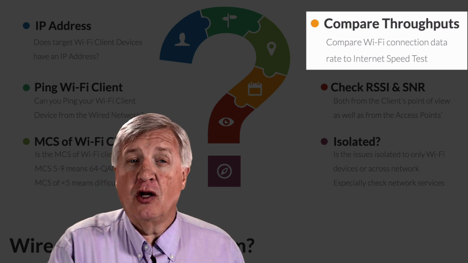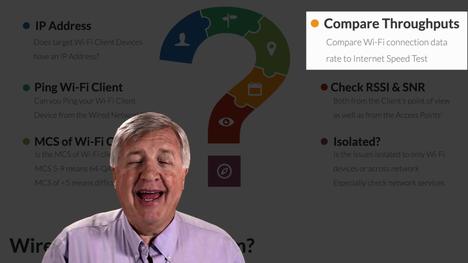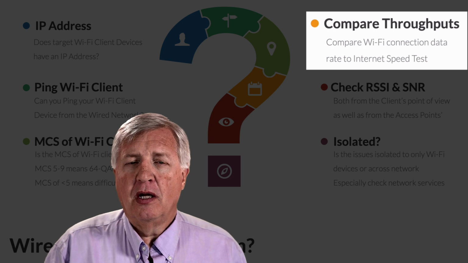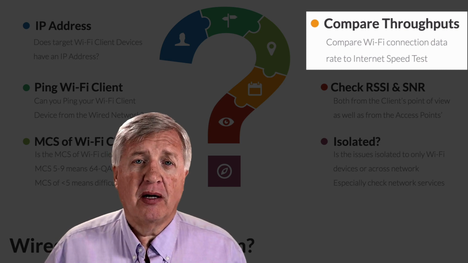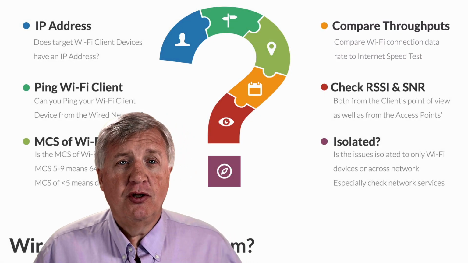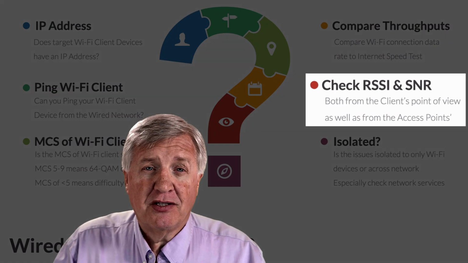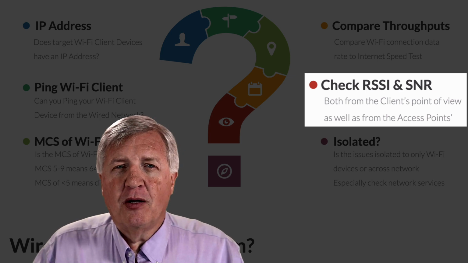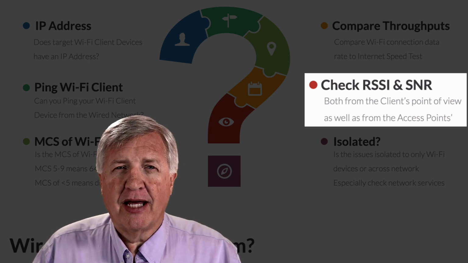Now, if you have very slow on the wireless and it matches the wired, then it's probably a wireless issue. Your wired shouldn't be your bottleneck. And if it is, then that's probably where you should be looking. Now, you can always just do the old fashioned, check RSSI, check SNR. Those work, but they don't tell me about the health of the RF at that point.